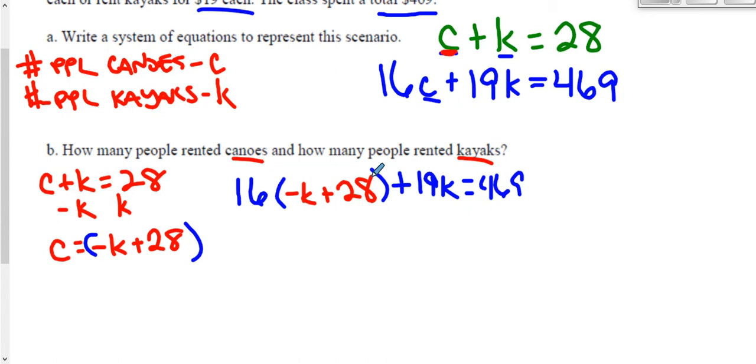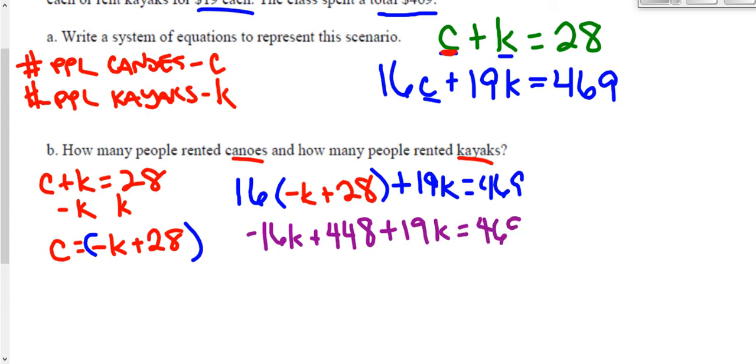Let's see what we get when we start simplifying this to solve for K. I can do 16 times negative K, which is negative 16K, and 16 times 28, which is 448. Then bring down the 19K and the 469. Now let's combine our like terms. I have negative 16K and positive 19K.